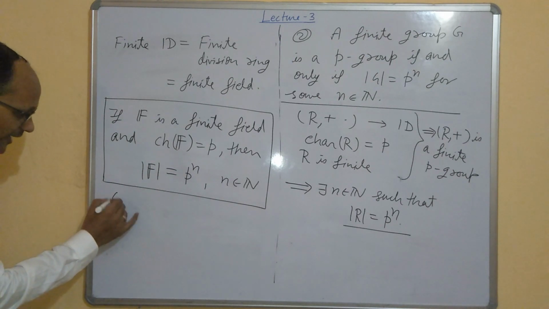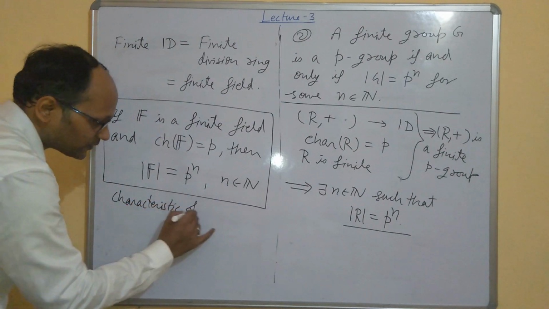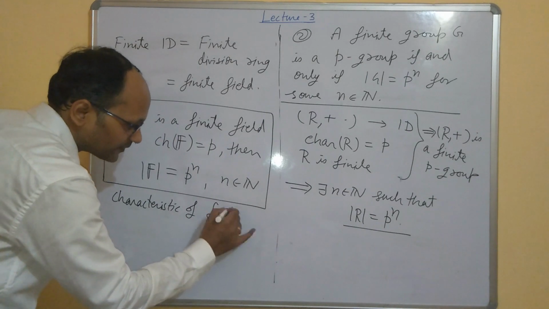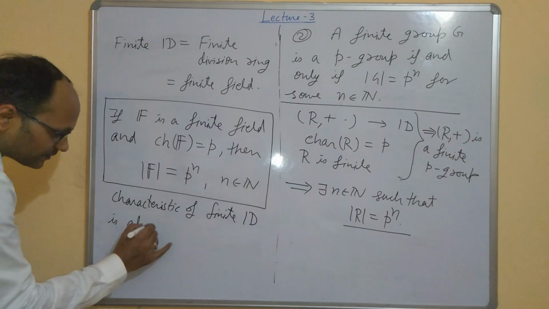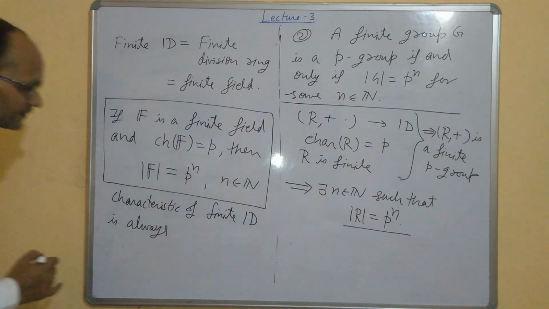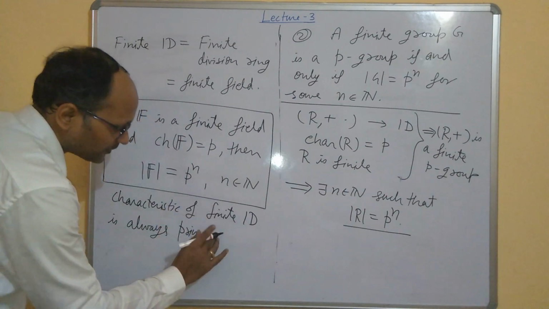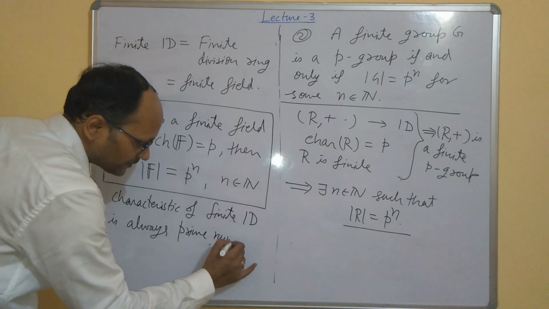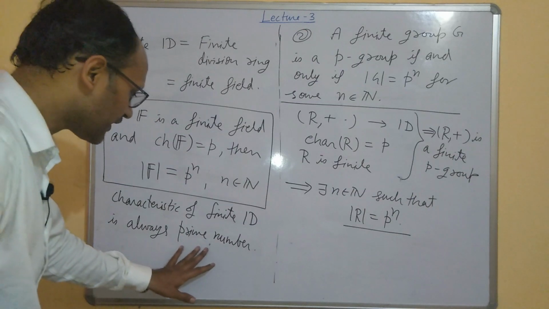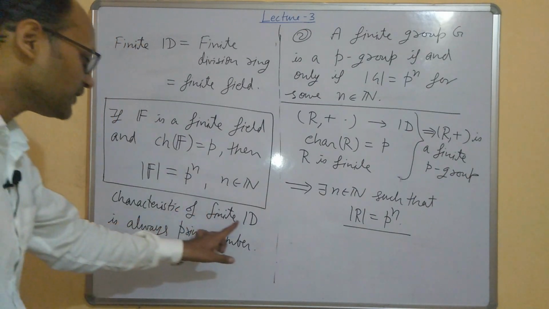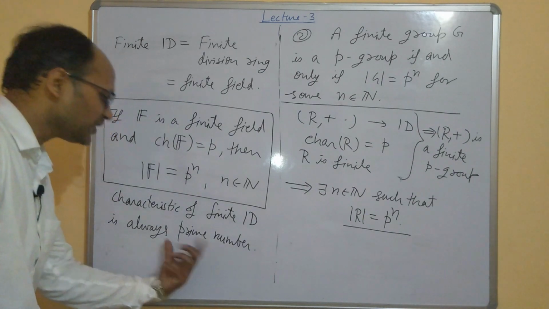The characteristic of a finite integral domain is always a prime number. So the characteristic of a finite integral domain, that is the characteristic of a finite field, will always be a prime number.